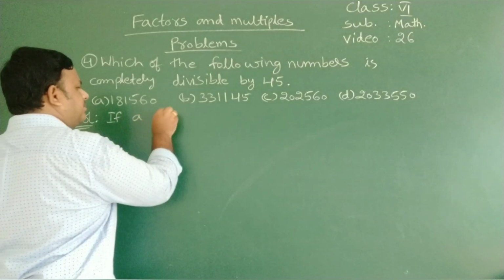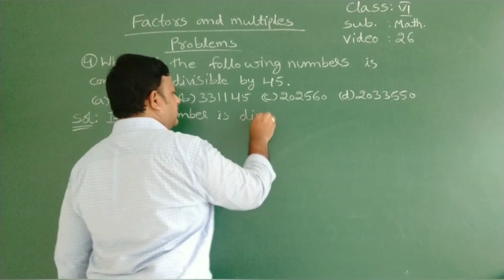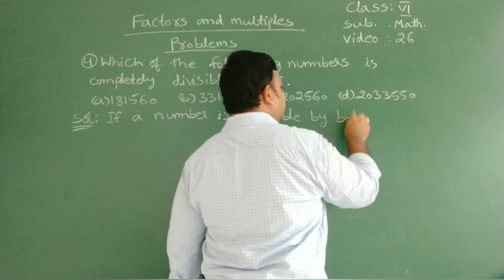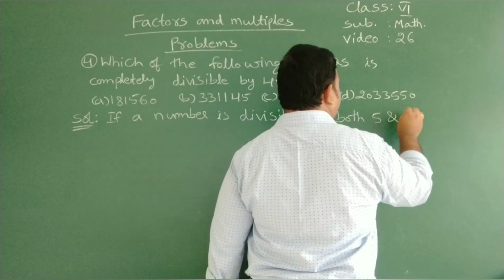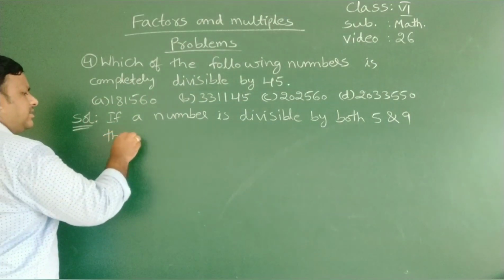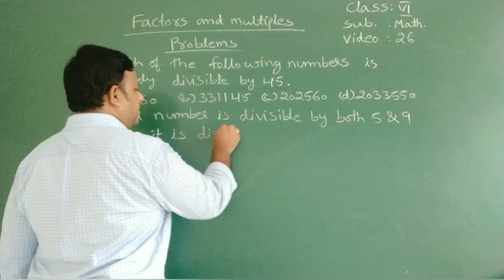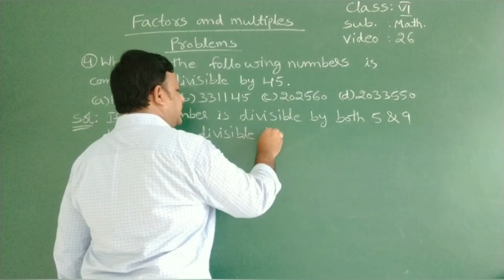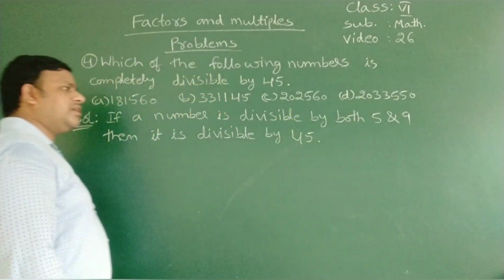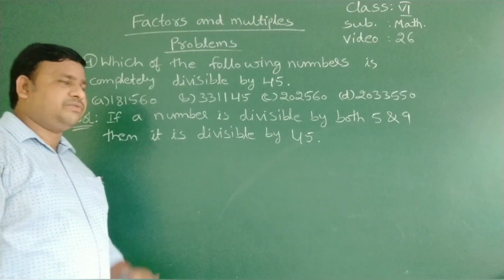If a number is divisible by both 5 and 9, then it is divisible by 45. Okay, so the 5 divisibility rule we should check, and the 9 divisibility rule also we have to check.